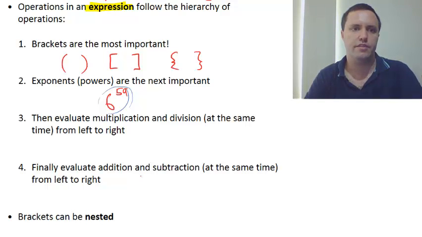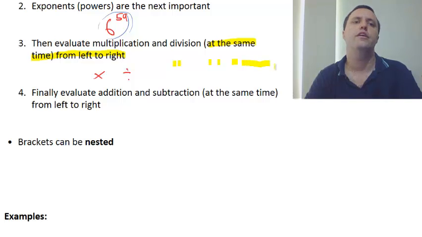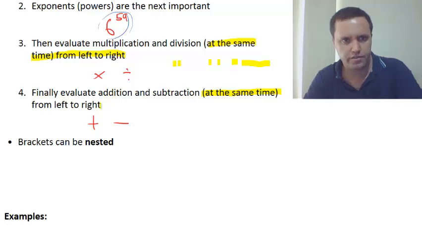Next important after that is we evaluate our multiplication and division, and this is important at the same time, from left to right. So you just go from left to right in your expression, evaluating all your multiplication and division. Next, you finally evaluate your addition and subtraction, again, at the same time, from left to right.